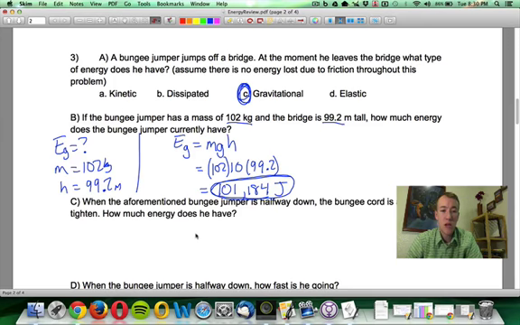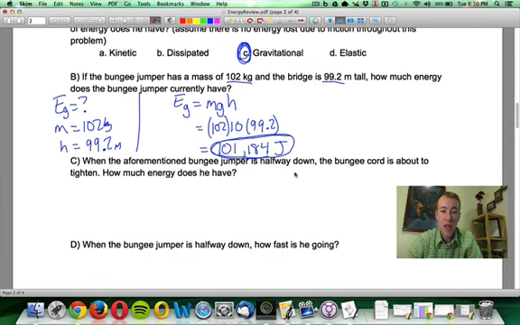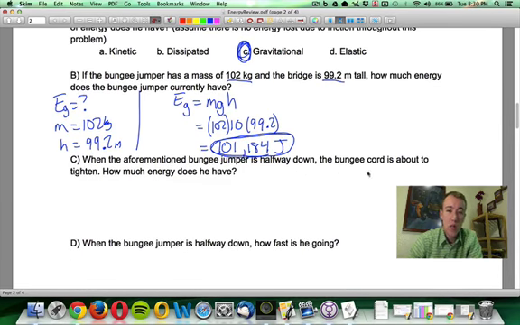Part C says when this bungee jumper is halfway down, the bungee cord is about to tighten. So it hasn't tightened yet, meaning it doesn't have any elastic potential energy or spring potential energy in it. But he's already halfway down from where he was falling. At the top he had all gravitational potential energy. As he's falling down, before the springiness takes part, and he's halfway down, he has half of that amount of gravitational potential energy, and then he's also going to have kinetic energy.